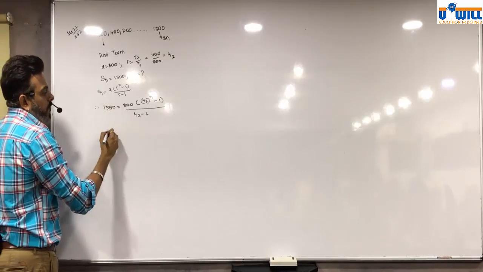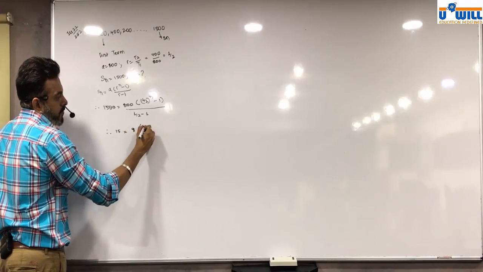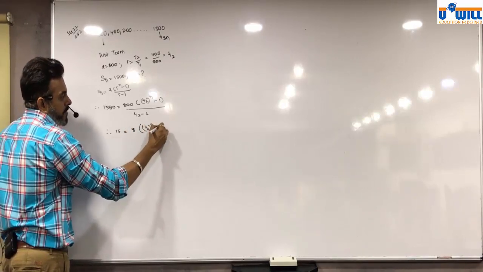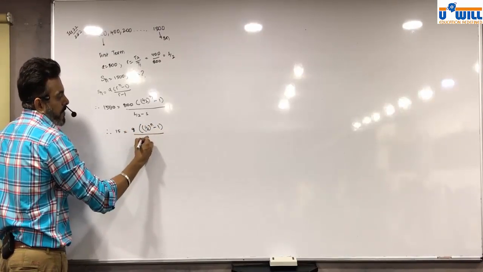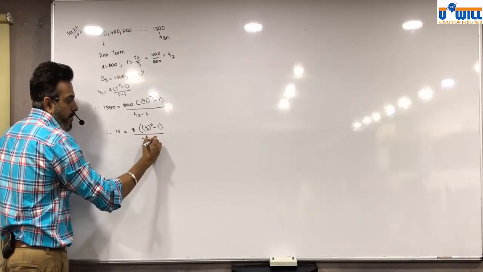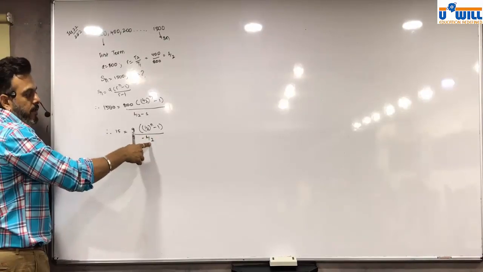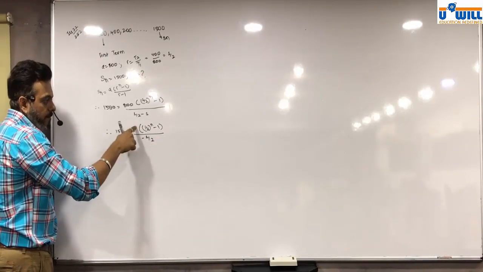If you want to do it, ये 0 0 ये 0 0 कैंसिल, ये कैंसिल कर सकते हैं कि नहीं? Okay, so therefore 15 is equal to 8 into 1 by 2 whole raised to n minus 1 upon 1 by 2 minus 1 is what? Half minus 1 is minus 1 by 2. This 2 will come over here.